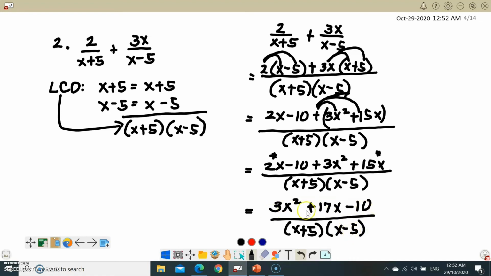So can we factor the numerator? This is not factorable, so we cannot cancel common factors from the numerator and the denominator. Then we now have our sum as 3x squared plus 17x minus 10 over x plus 5 multiplied by the quantity x minus 5.